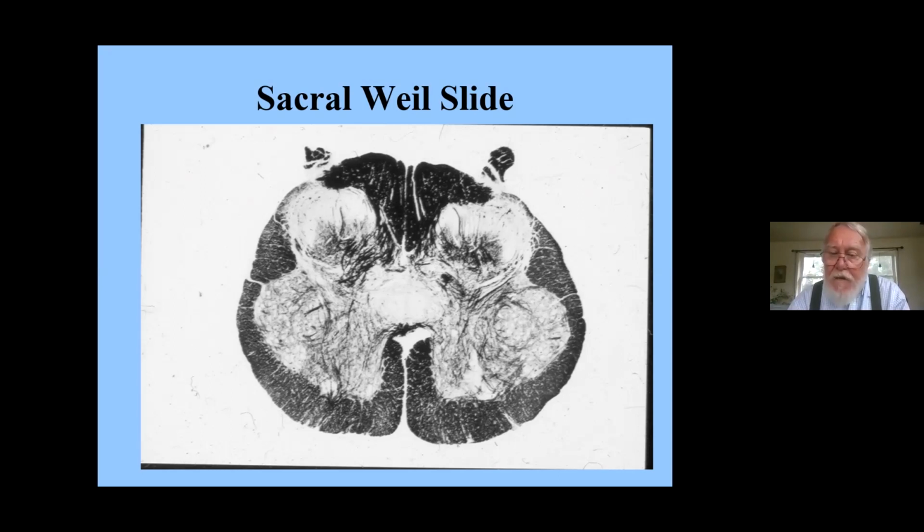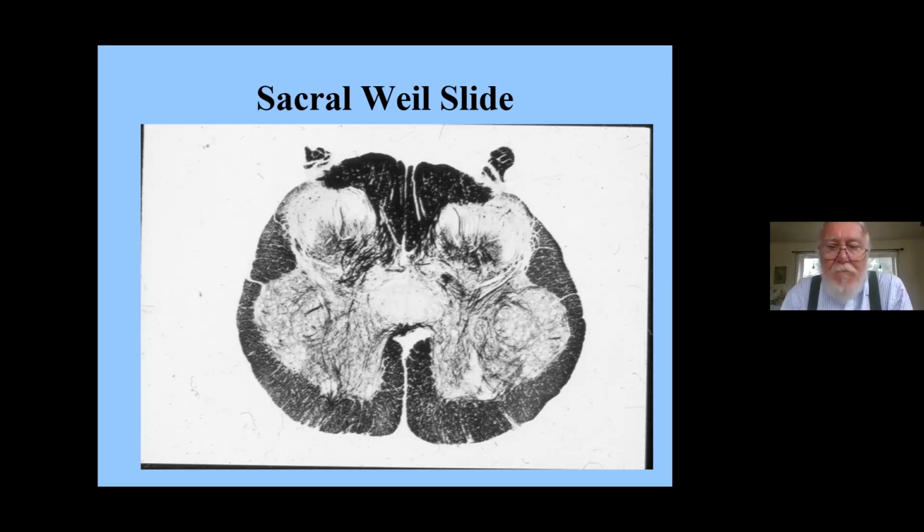Here is the anterior spinothalamic tract, and within here is the anterior corticospinal tract. And then, of course, right here is the anterior white commissure, which is containing fibers from the lateral spinothalamic tract decussating and the anterior spinothalamic tract decussating.